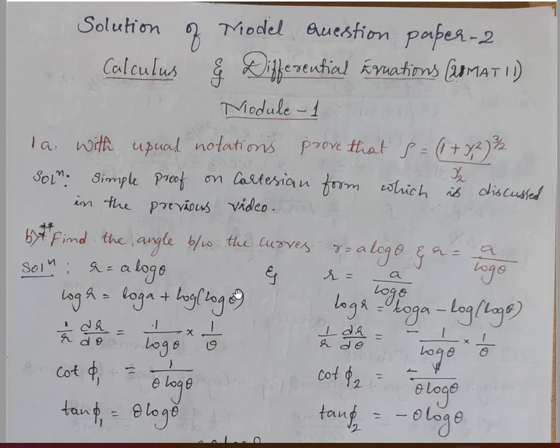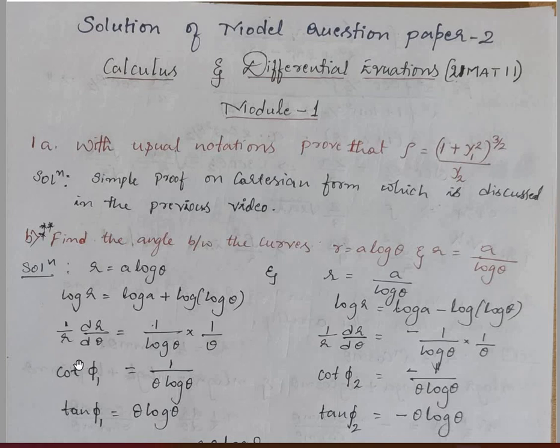I am going to take log on both sides and apply the laws of logarithm on the right hand side, and then differentiate with respect to theta. I got 1 over r dr by d theta on the left, and on the right hand side, the derivative of log a is 0 as it is a constant, plus the derivative of log theta, which is 1 by log theta into the derivative of log theta, 1 by theta.